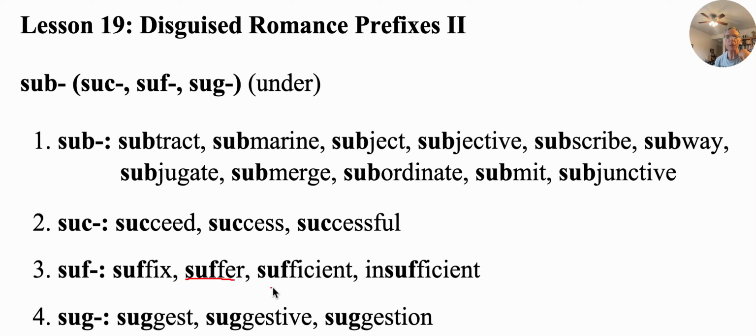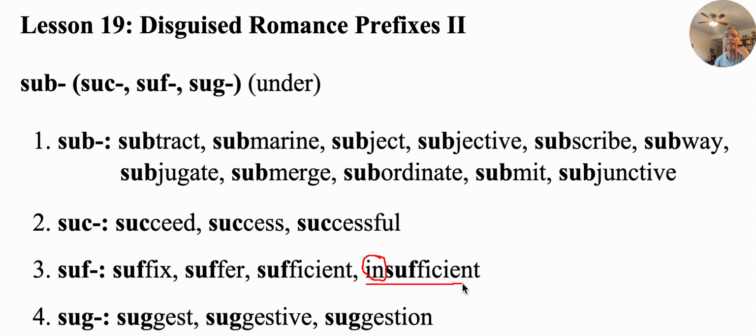Suffer, maybe you got a bad cold and so you suffer from a cold. Sufficient means you have enough of something. You have sufficient supply of pencils to get you through the school year. But if you don't have, then we can put the prefix in on the front of it. And now we have insufficient.